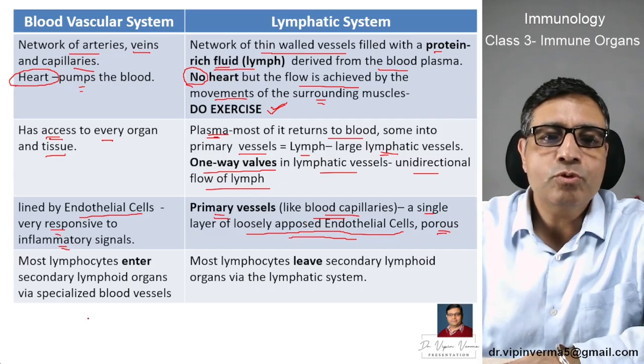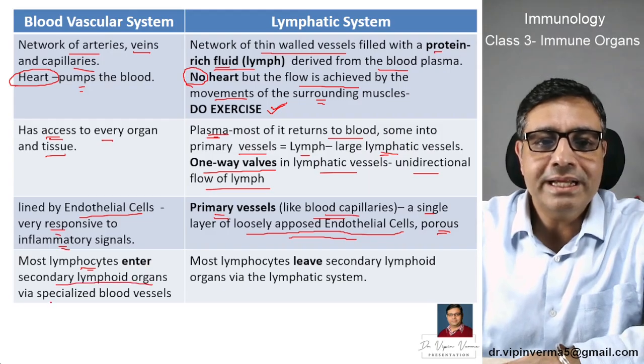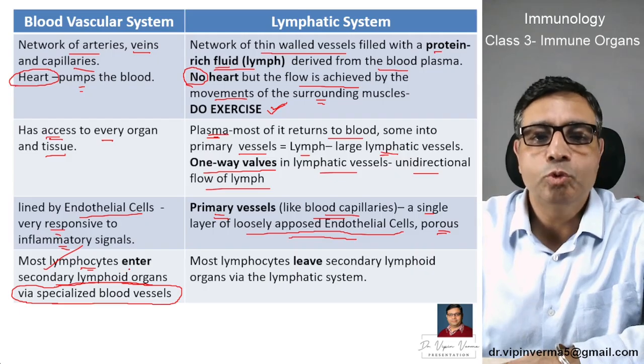Now, in the blood vascular system, most lymphocytes enter the secondary lymphoid organs via specialized blood vessels. So for the secondary lymphoid organs, we have specialized blood vessels, and the lymphocytes enter into the secondary lymphoid organs through them.